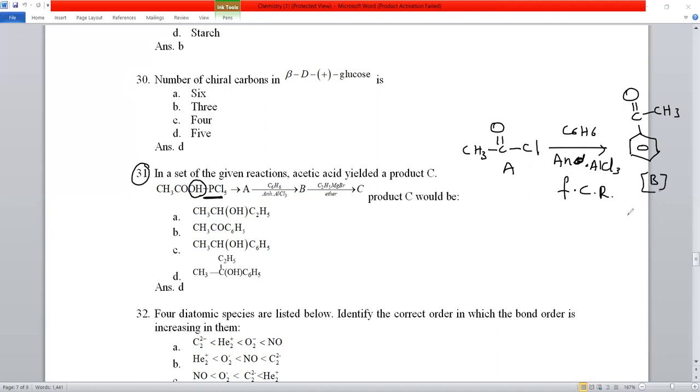Compound B they are treating with ethyl magnesium bromide in presence of ether. If you treat a ketone with a Grignard reagent, what will we get? A tertiary alcohol, right? So what will happen here? Ethyl has the negative charge, magnesium has the positive charge.